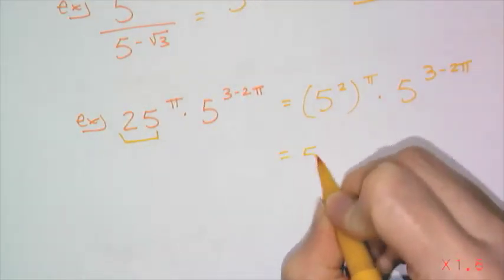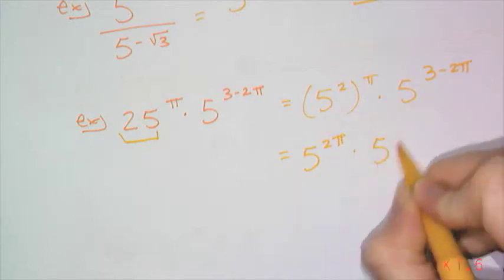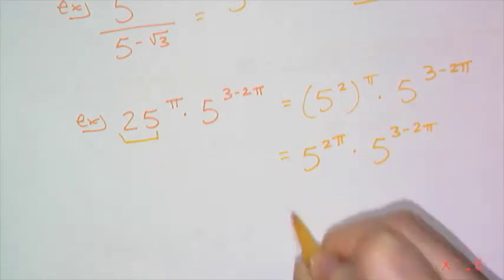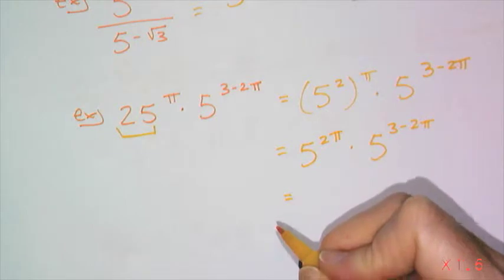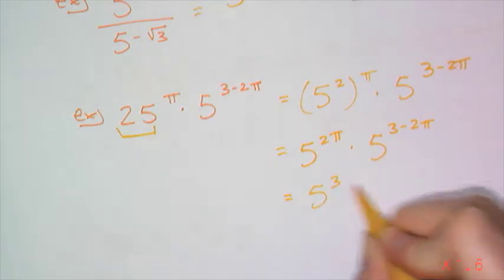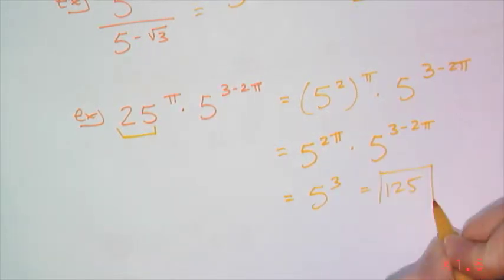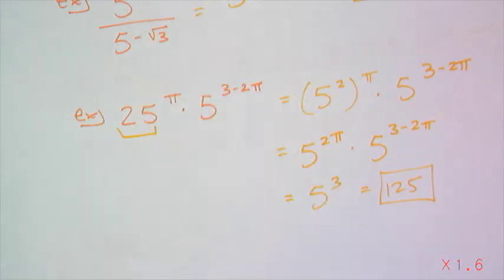So then I get 5 to the 2 pi times 5 to the 3 minus 2 pi, and then the product rule says to add the exponents, and so I end up with just 5 to the 3rd power, or 125. So irrational exponents aren't a big deal.